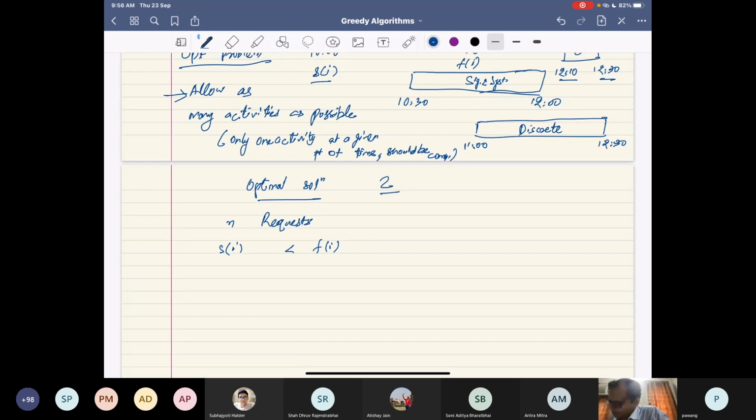There is another thing we can define. Two requests i and j are said to be compatible. Compatible means I can allow both i and j in the same solution. Both i and j may be allowed in the same solution.